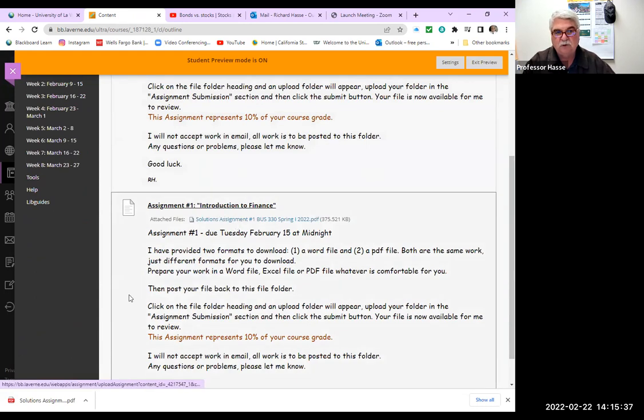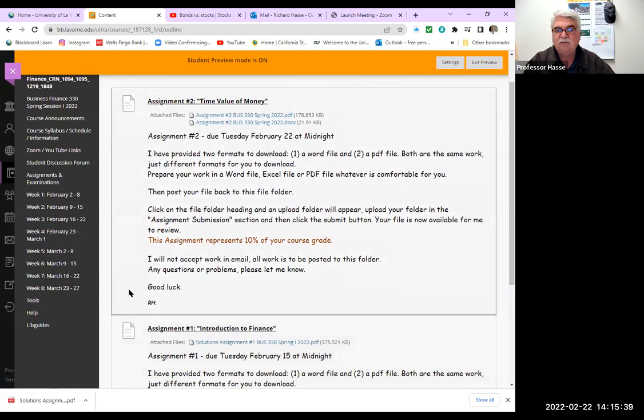And you can go to your grade center and see your grades and individual work being returned to you for assignment number 1. So those grades are now available. And let's bring up what assignment 1 looked like.